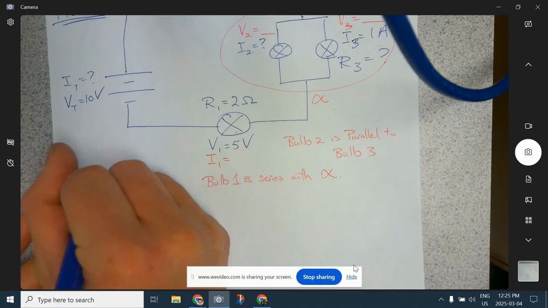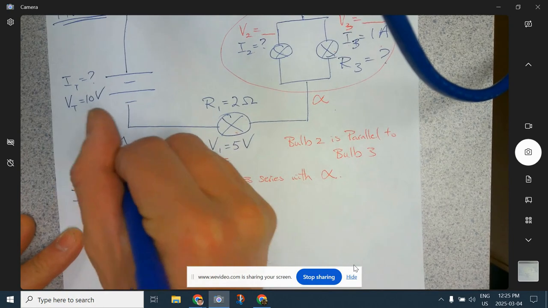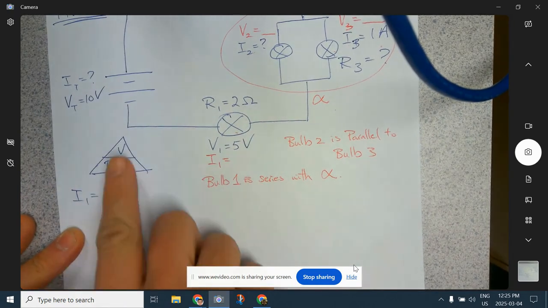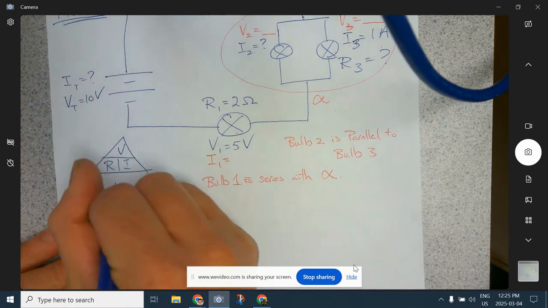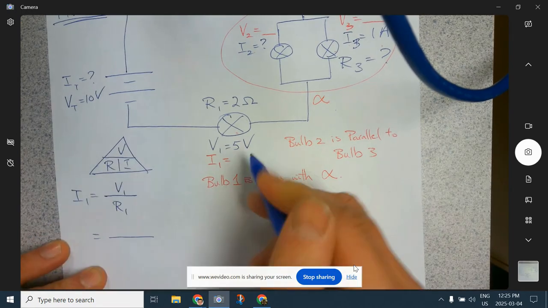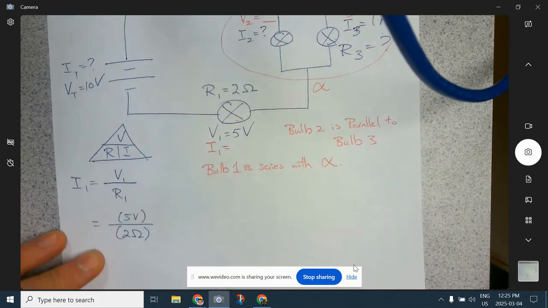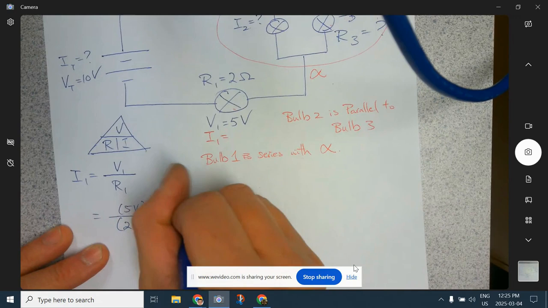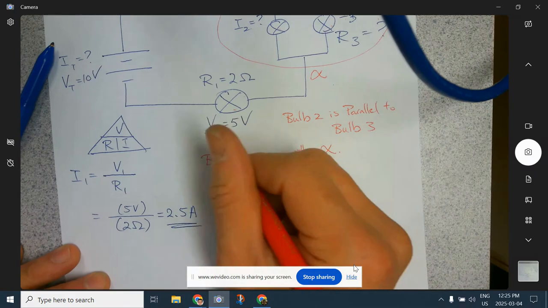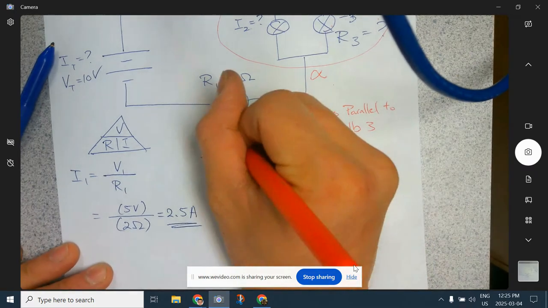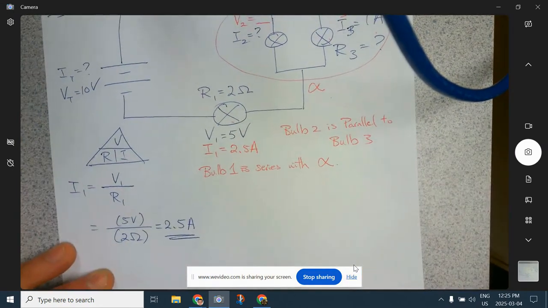Using Ohm's law, we're looking for I, so we cover up I, so V divided by R. So we have voltage 1 divided by resistance 1. Voltage 1 is 5 volts. Resistance 1 is 2 ohms. So in this case, we have 2.5 ampere. Here, I1 is 2.5 ampere.